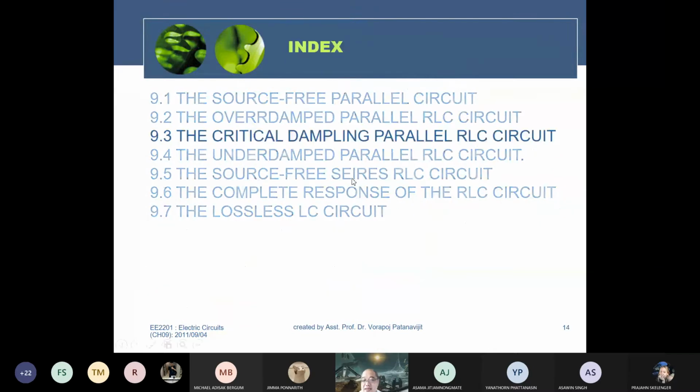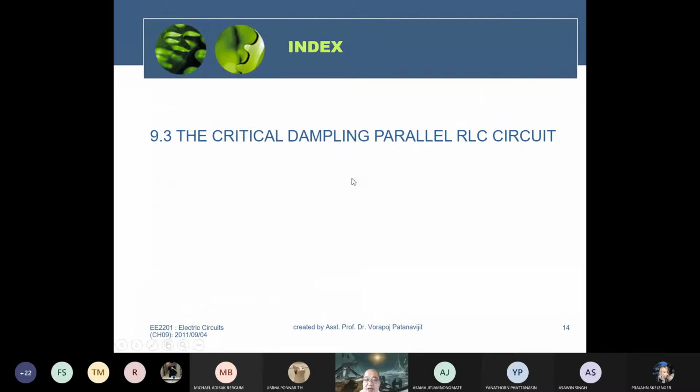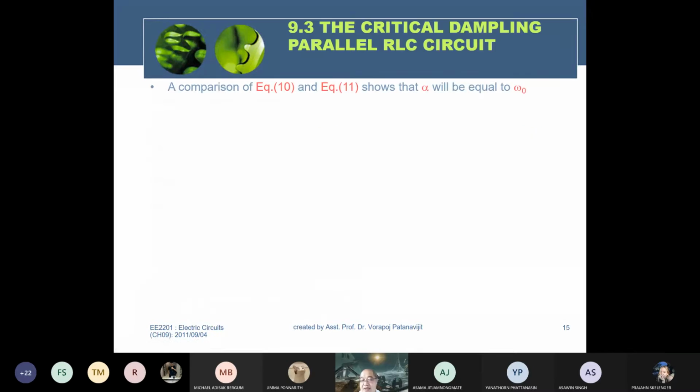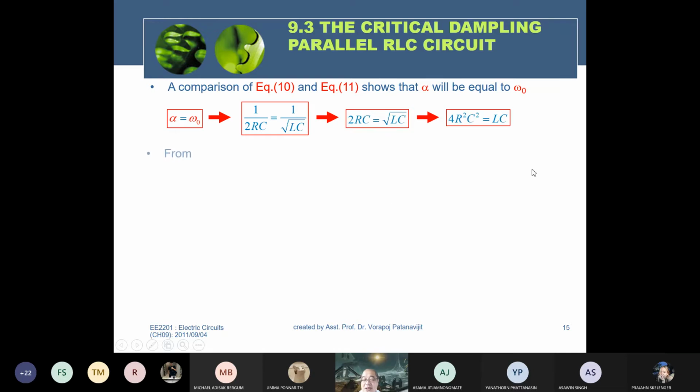The second case is called the critical damp. The critical damp is the special case when omega is exactly equal to alpha. In the real situation, the critical damp very rarely exists in nature's networks, because the resistance value, the capacitance value, and the inductance value must be perfectly matched in this equation.